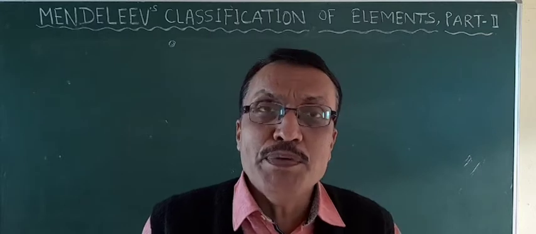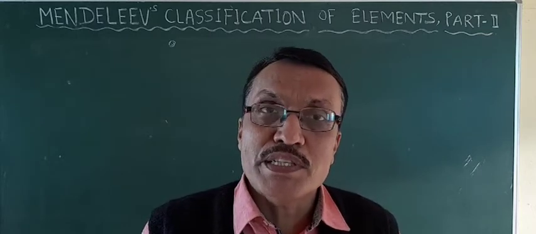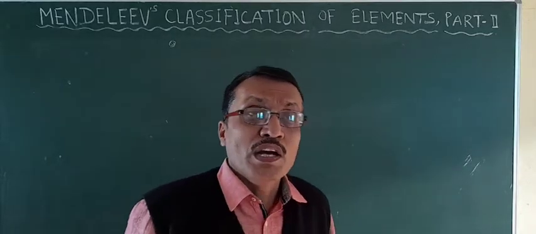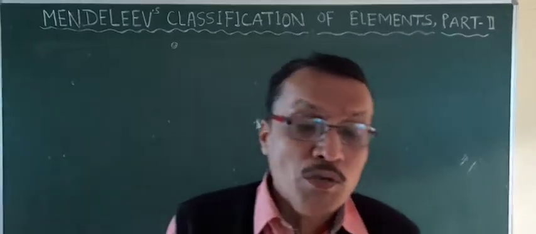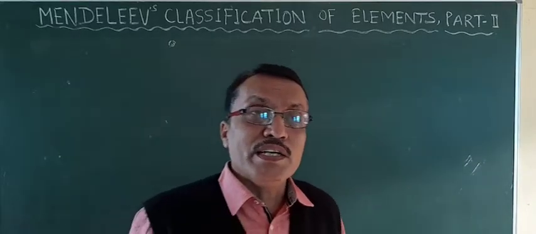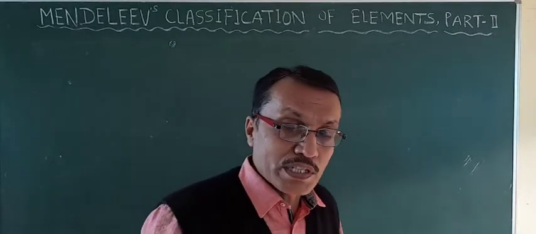So keep in mind, in zero group noble gases are present. Noble gases which were not known at the time of Mendeleev, after their discovery were separately added at the extreme right of Mendeleev's periodic table.